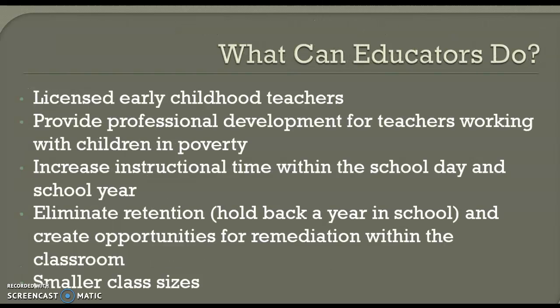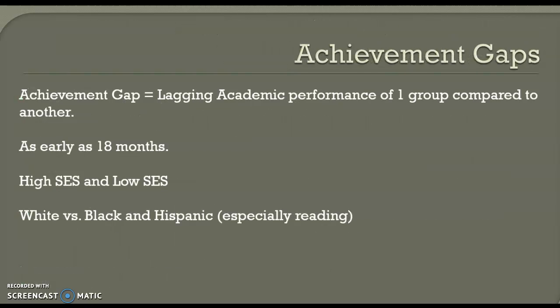Okay, moving on to achievement gaps. So the achievement gap simply means that there's a lagging academic performance of one group compared to the other, which typically just means if you are thinking about kindergarten 5-year-olds who are going to kindergarten, there is going to be a gap between one group of children who have all of the skills and the kindergarten readiness skills that they need to go to kindergarten, and another group who have not reached that line yet, who do not currently have all of the skills that they need to be kindergarten ready.